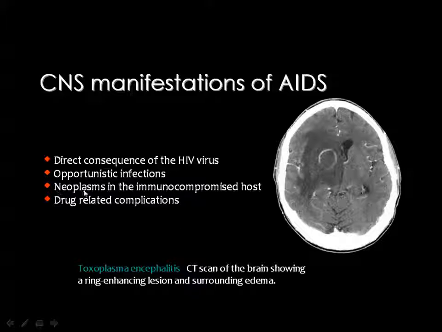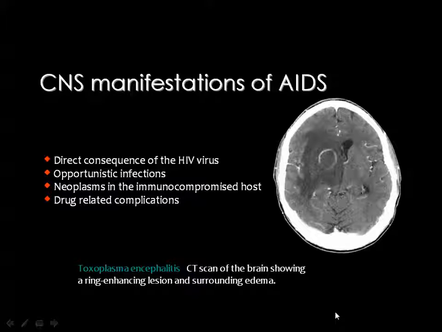Also, some neoplasms may occur, especially lymphoma, which is a well-known neoplastic lesion in immune-suppressed patients. Also, there are drug-related complications. If you look carefully here, you see a lesion which is marginally enhanced, surrounded by an extensive area of perifocal brain edema.